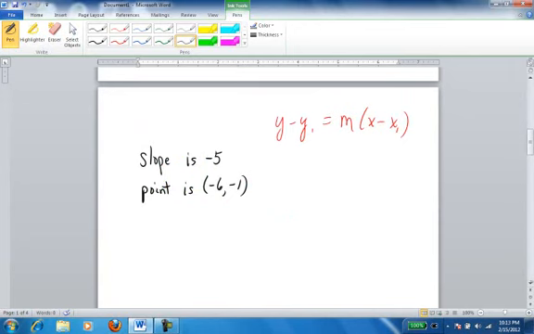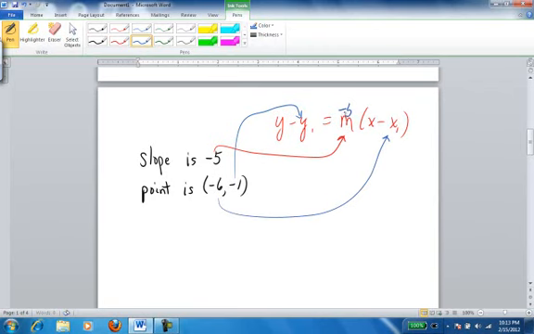I've isolated this one more time so that you can see what happens. The -5 is the slope, the -1 is the y value, the -6 is the x value.